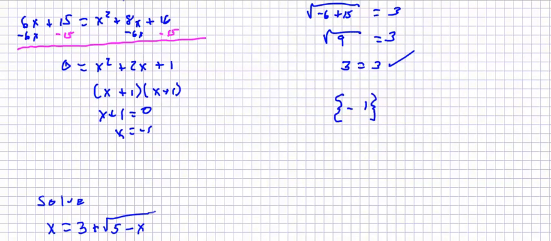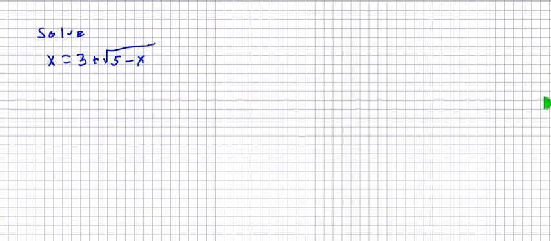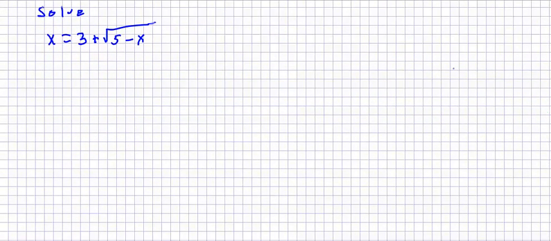All right, let's look at one more quick example. And this one is a little bit different because I don't have a binomial here, but I have the 3 over here. What we want to do, and we've been doing this all year, is isolate the radical.